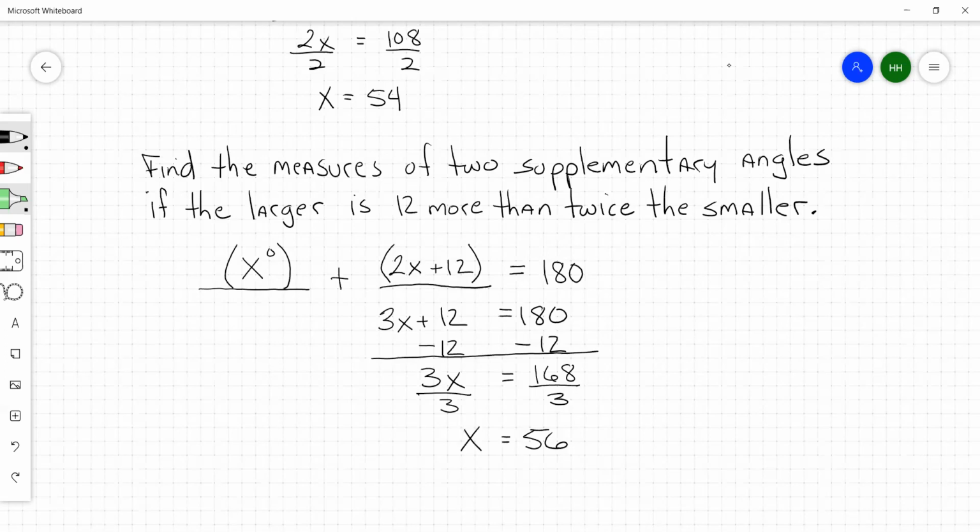And then to find the second angle, we do 2 times 56 plus 12, which is 124. So one angle is 54 degrees. The other angle is 120. I'm sorry, 56 degrees and 124.